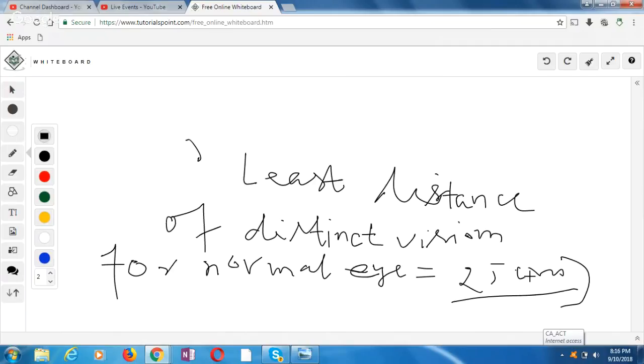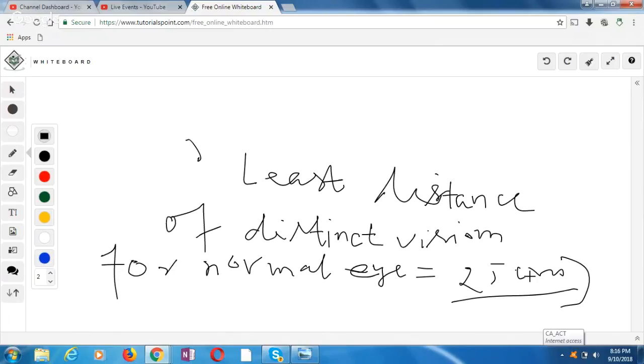Why does that happen? I'm again explaining. Hypermetropia or long sightedness is a kind of eye disease. What happens in hypermetropia or long sightedness is that the person is able to look at something which is at a distance, but something which is nearby he is unable to clearly view.